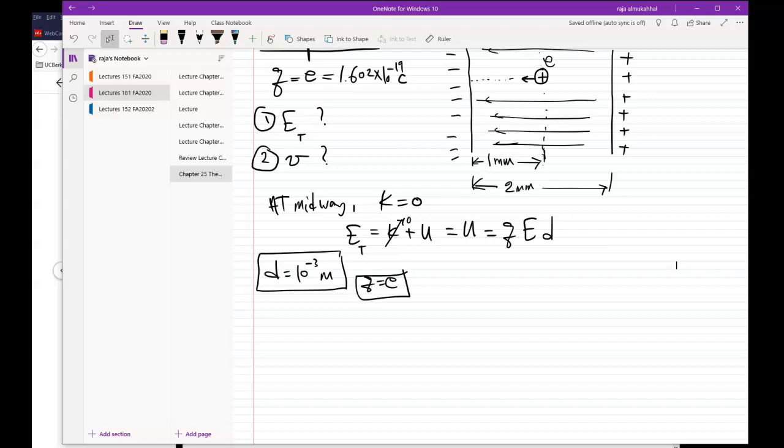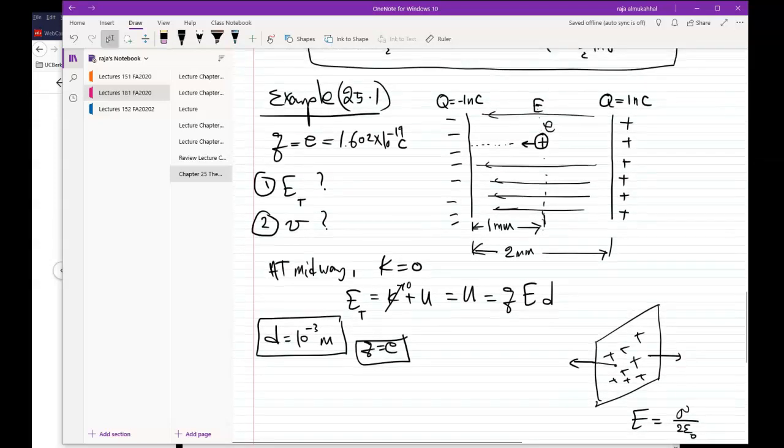But if you may recall, the electric field due to a, again, I keep reviewing things. Here is the charge sheet. And the electric field due to it is, if you remember, sigma over 2 epsilon naught. Now, the 2 here indicates that the electric field is emanating from both sides. See what I'm saying? Now, if you have the capacitor, however, their electric field is only emanating from one side, the other side is kind of insulated.